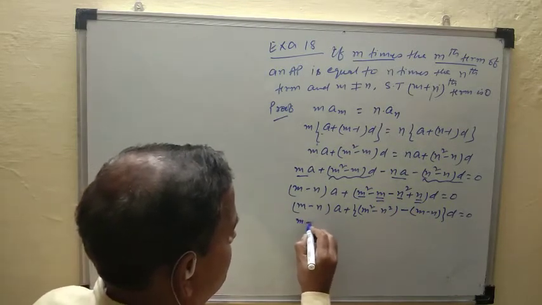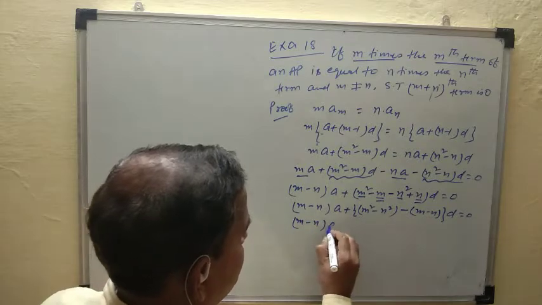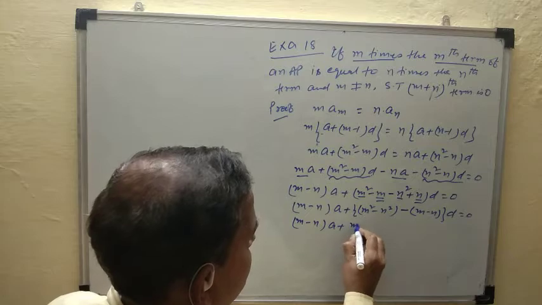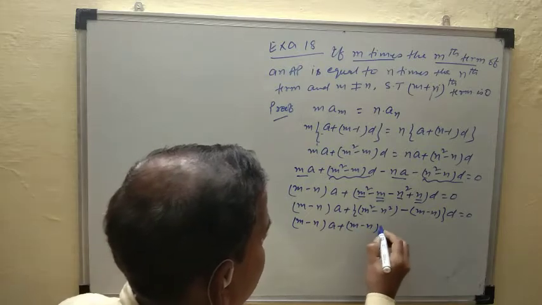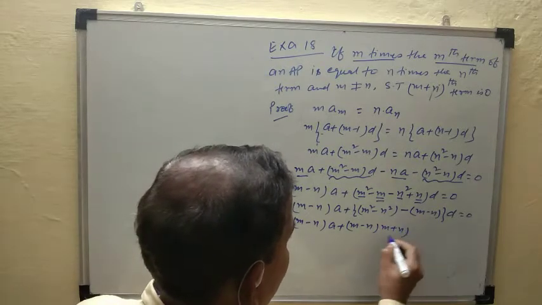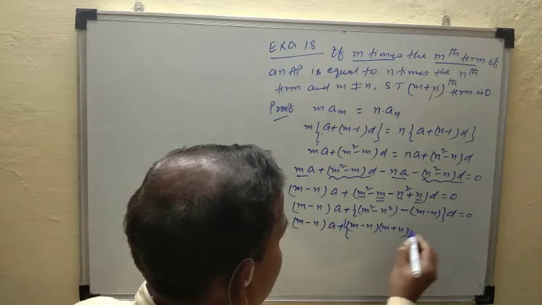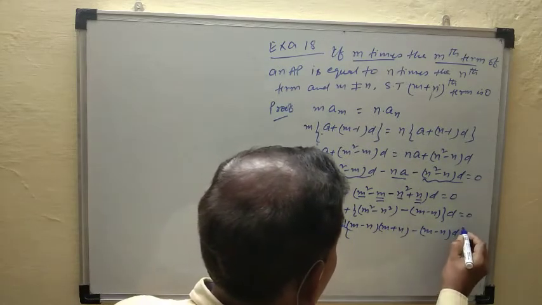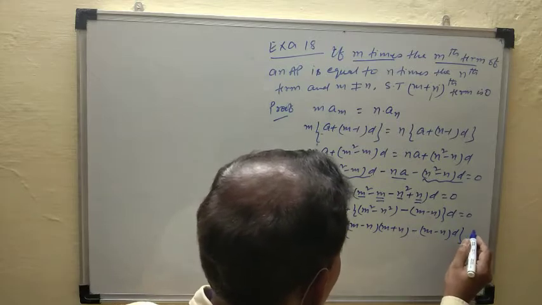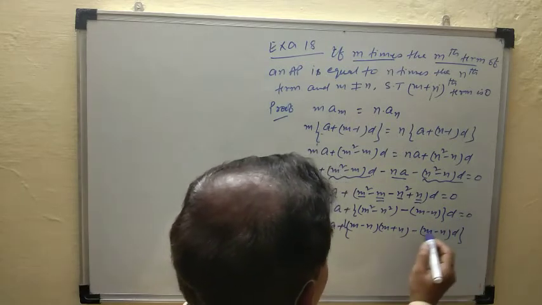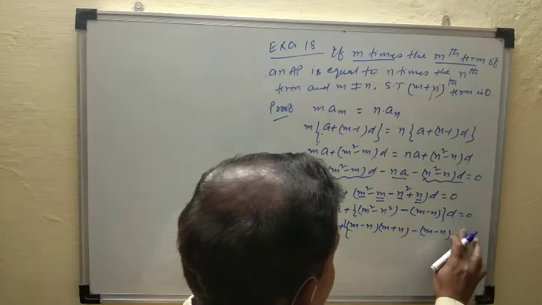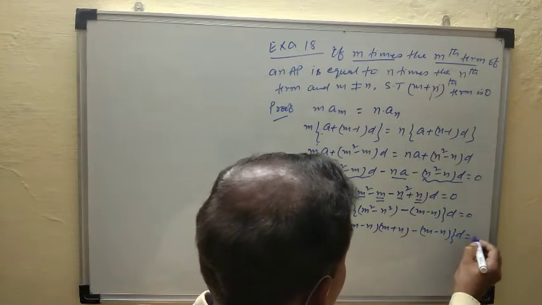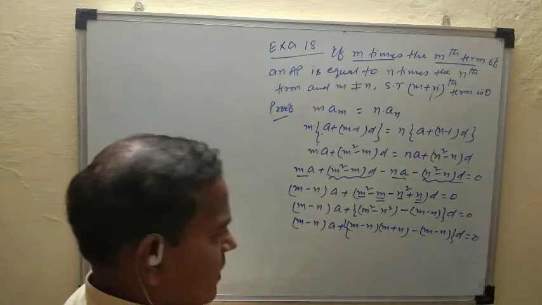Or (m minus n) into a, use the identity a square minus b square, so (m minus n) into (m plus n), and here (m minus n) into d is equal to 0.